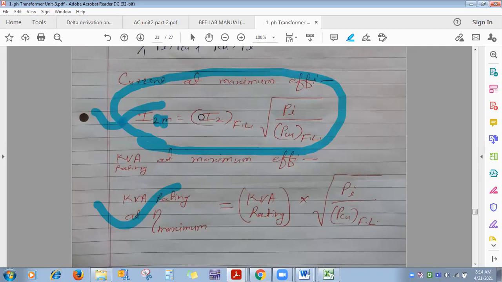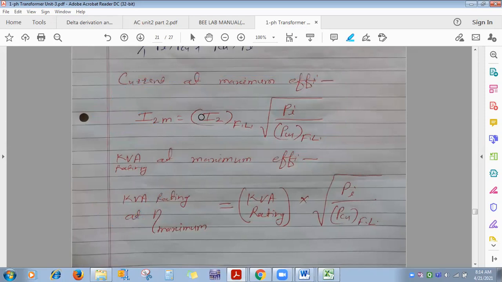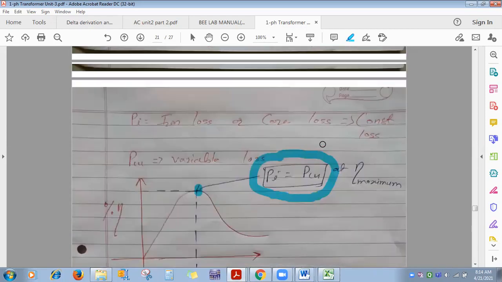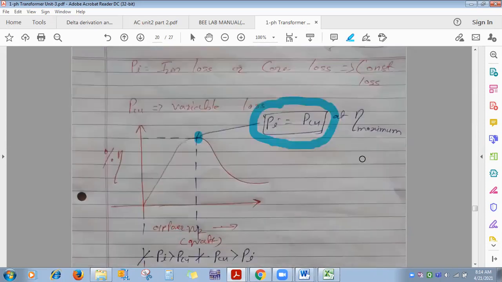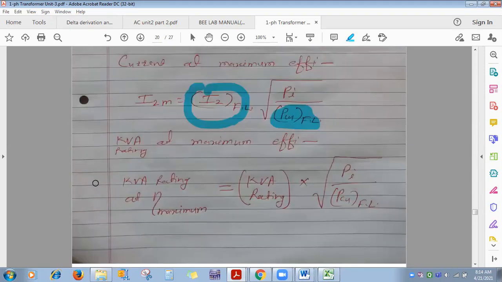How much is it? It is the secondary winding full load current into the square root of iron loss upon full load copper loss. All of you keep in mind, here it is the full load copper loss. In this formula also, full load copper loss is there specifically. Now the kVA rating at maximum efficiency: what is the formula?